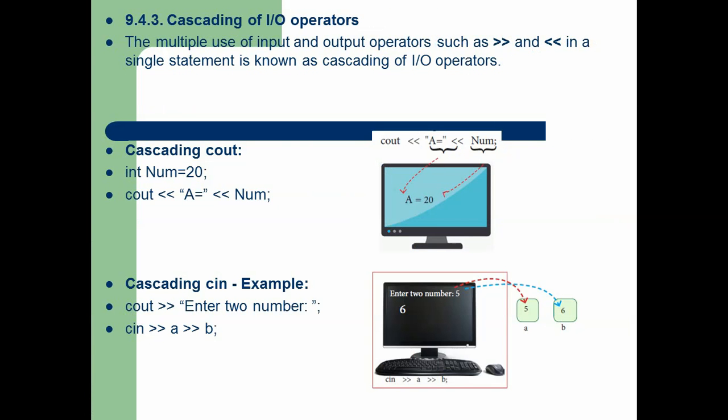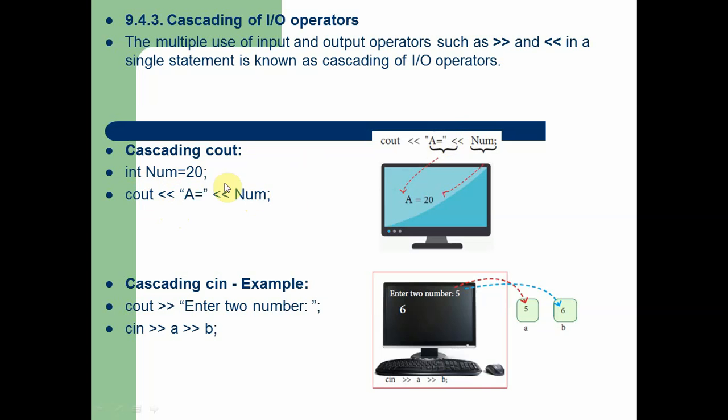Now we are going to see the cascading of output operators. So consider this example. Here num is equal to 20. So cout is an object which sends the value to the monitor. There are two put-to operators which are used to send the values to cout from right to left.